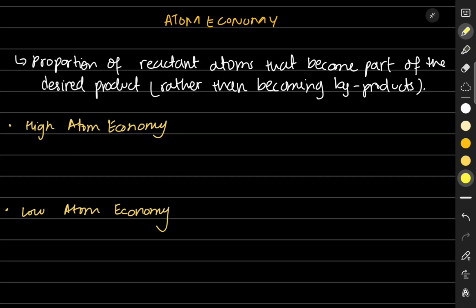So if you have two products being made, one of which is your desired product and the other is a byproduct, then you're going to have a low atom economy compared to if you asked your sister to make a cake, you gave her everything and she made a simple pound cake for you, and no cupcakes. That's a higher atom economy compared to when she made cupcakes with the pound cake. Does that make sense?